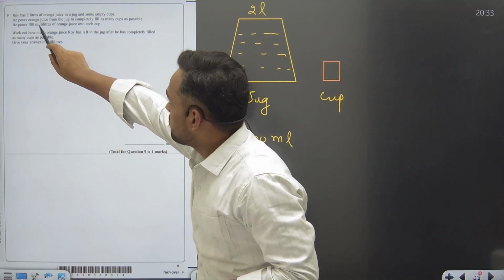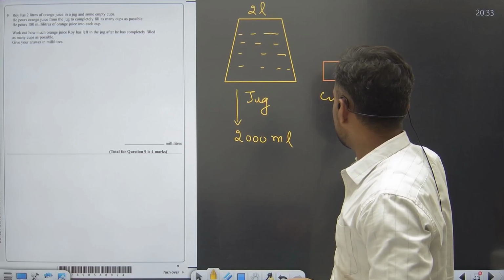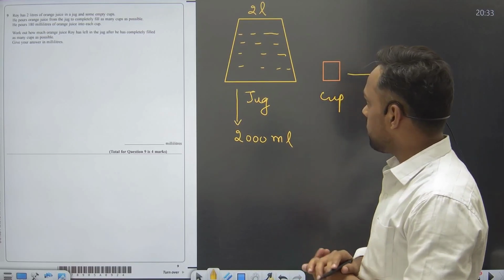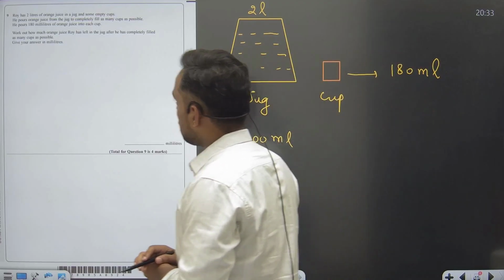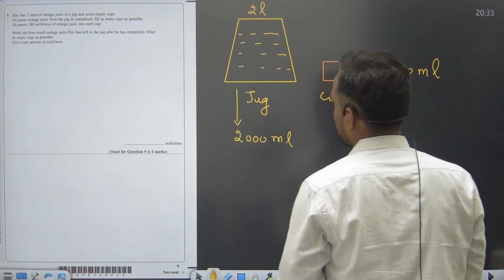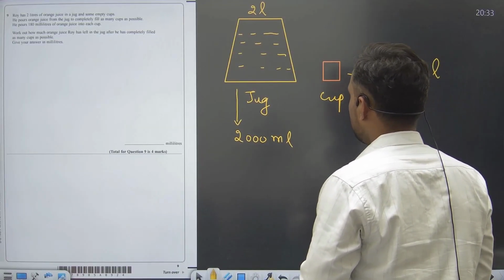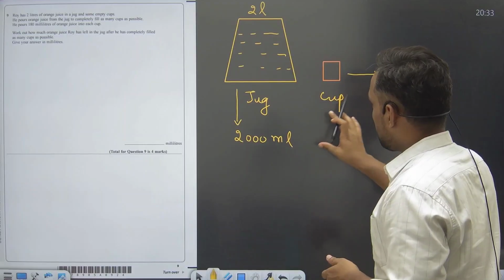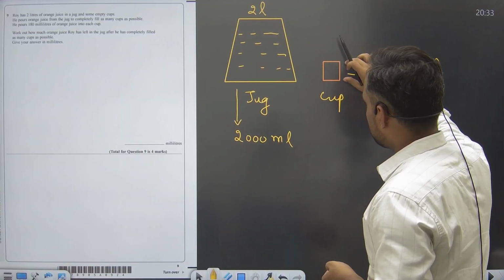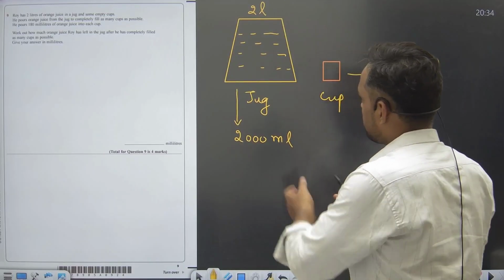Now if I ask what is the capacity of the cup, it is mentioned that the capacity of the cup is 180 ml. Work out how much orange juice Roy has left in the jug after he has completely filled as many cups as possible. First, we need to see how many cups of this orange juice can be taken out from this jug.